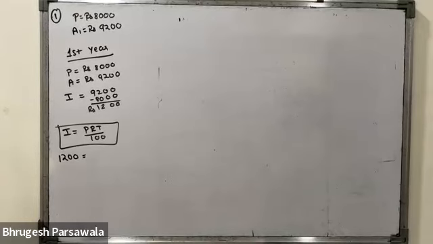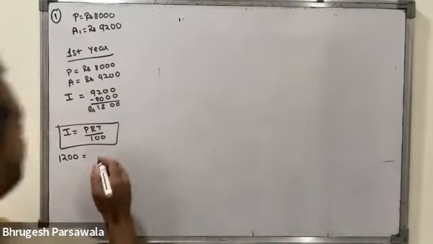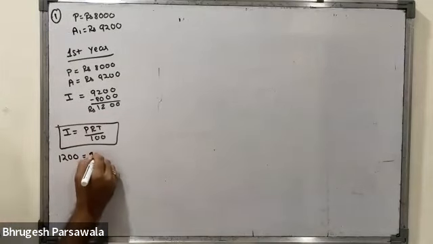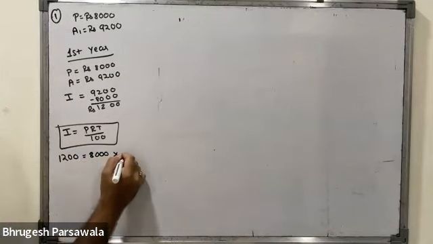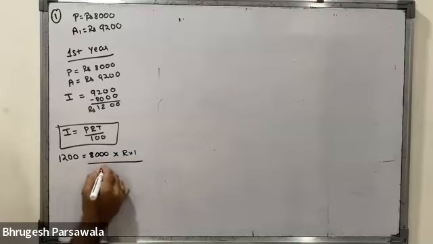Always remember, note down, star mark: whenever the time is 1 year, compounded annually, we can go ahead with the simple interest formula. Right? The time has to be 1 year, only one. So simple interest equals P R T, 1 year, upon 100.